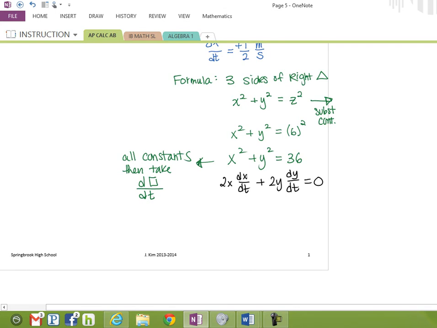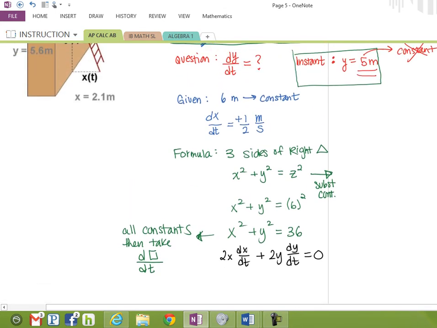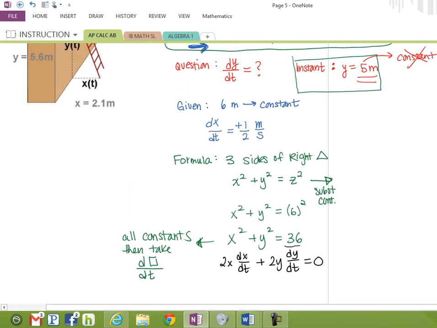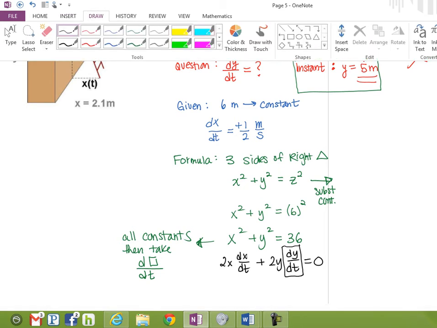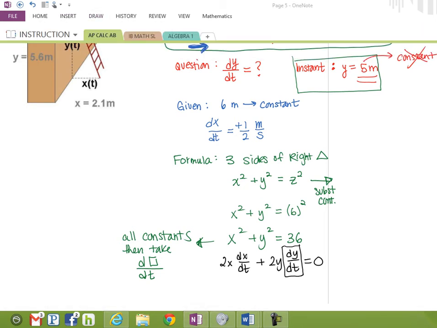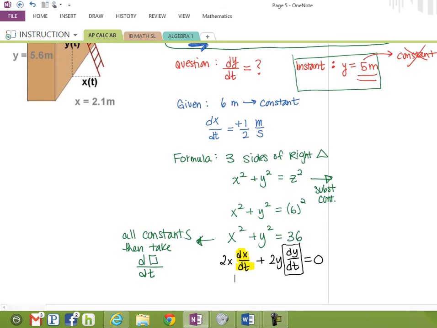And then we go back to our information. We know the question is this guy, and the only way I could solve this is if I know dx dt, which we do. And what I'll do is I'm going to highlight the ones we already know. So we know dx dt. We're good here. We know that the instant is when y is equal to 5. Okay? So the only thing we're missing is that x. And so a lot of talking for this one problem, right?